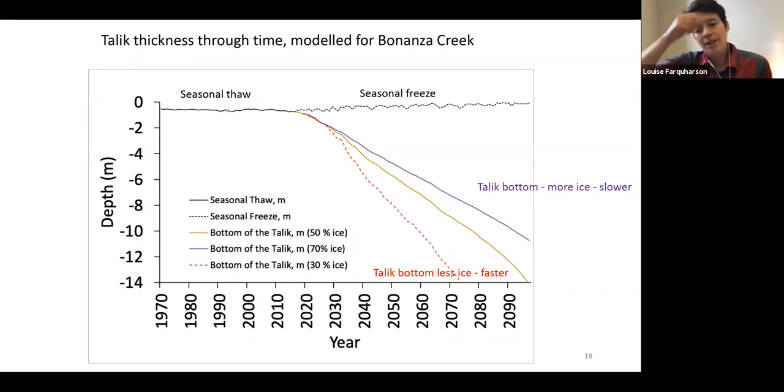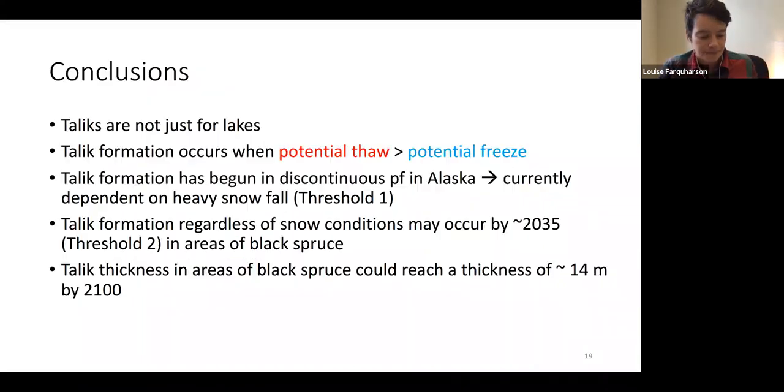And you can see that by around 2100, sorry, I clipped off the last tick there, but we have a talik depth at Bonanza that reaches around 14 meters thickness, which is thick. That's a significant amount of permafrost thaw. So you can see that generally where there's less ice, we have faster talik formation as we'd expect, and more ice would mean we have slower talik formation. Okay, next slide, please.